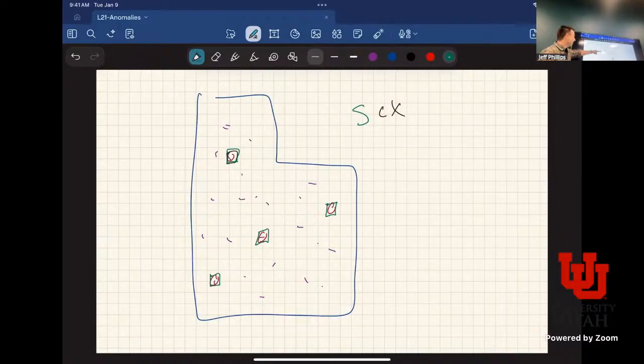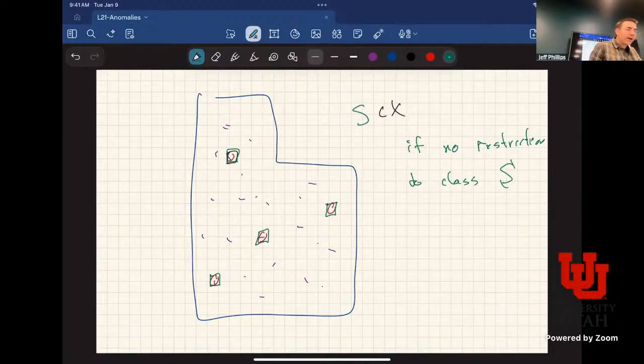So can I say that this subset is an anomalous region that is interesting in some way? Just looking at the map, I would say this is not telling me anything useful about the data. If there is no restriction to some class of shapes, then it does not provide useful understanding.